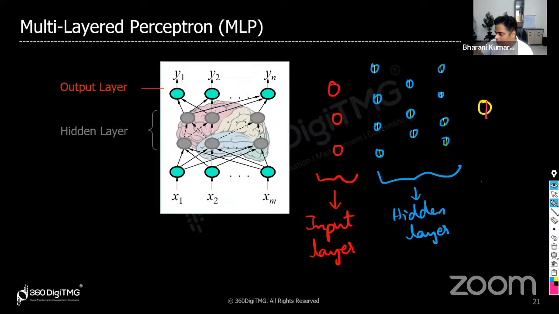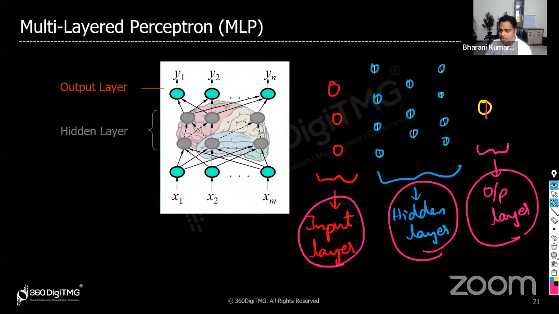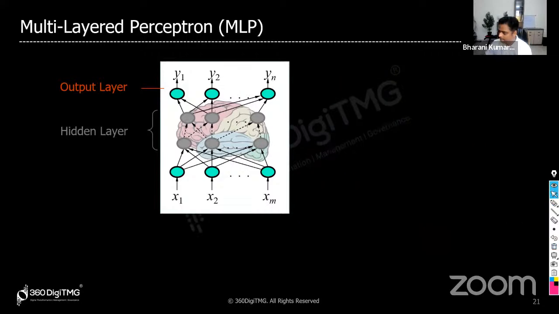Okay, so that's how it works. So we have input layer, hidden layer, and output layer. Except for your input layer, all the other layers' neurons will have both the integration and activation component.